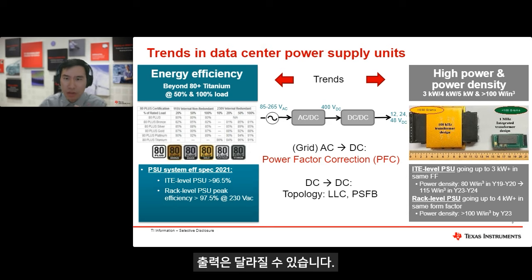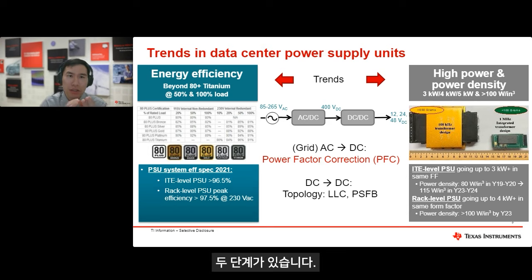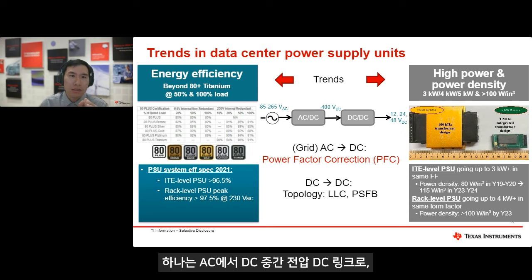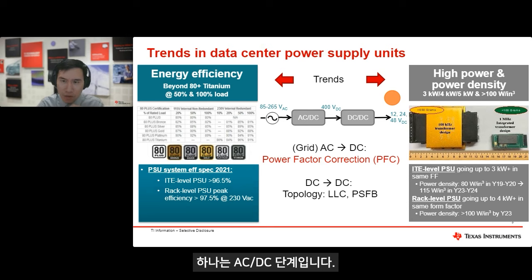The output can vary. Normally, you can see from this entire power conversion, there are two stages. One is from AC to a DC mid voltage DC link, and then from this DC link to the end DC voltage you need. So one is the AC/DC stage, another is the DC stage.